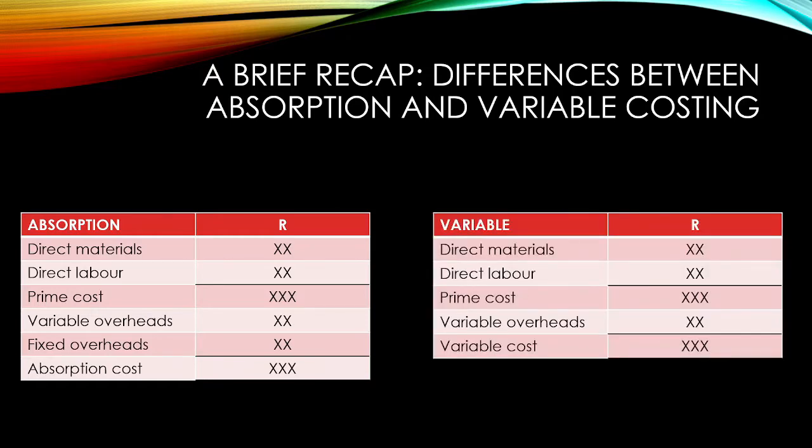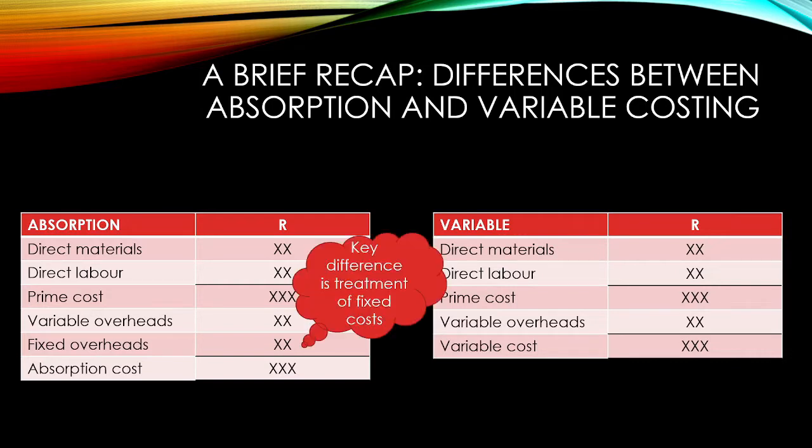Variable costing, on the other hand, only considers the variable production costs, which include the direct materials, direct labor, and variable manufacturing costs. Therefore, the key difference between absorption and variable costing is the treatment of fixed overheads. Absorption costing capitalizes the fixed overheads to the product, while variable costing expenses them immediately.